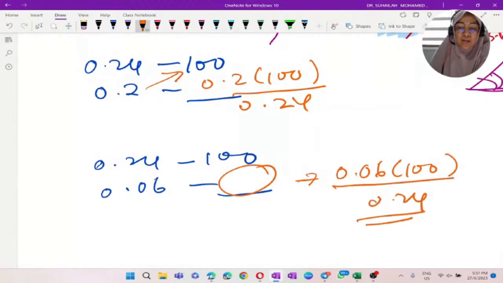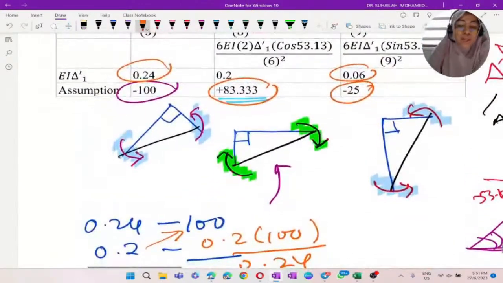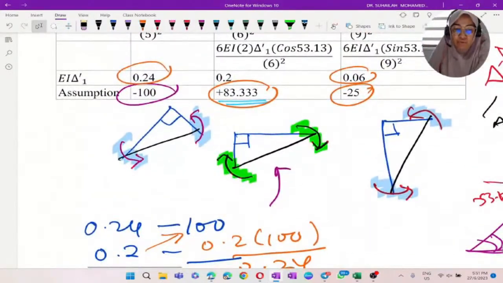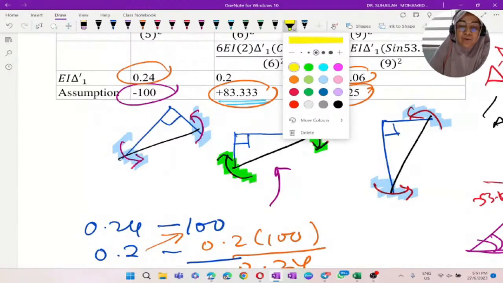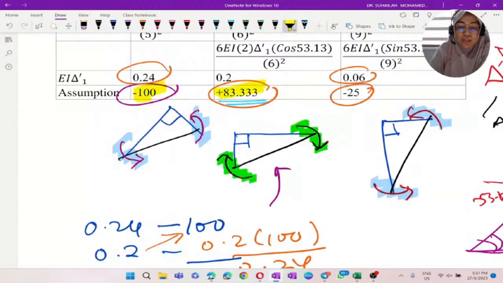So this one is equal to 25. These are the three values that will be used in table number 2.